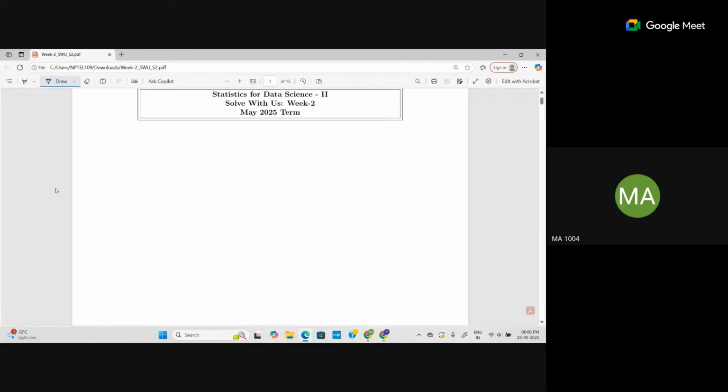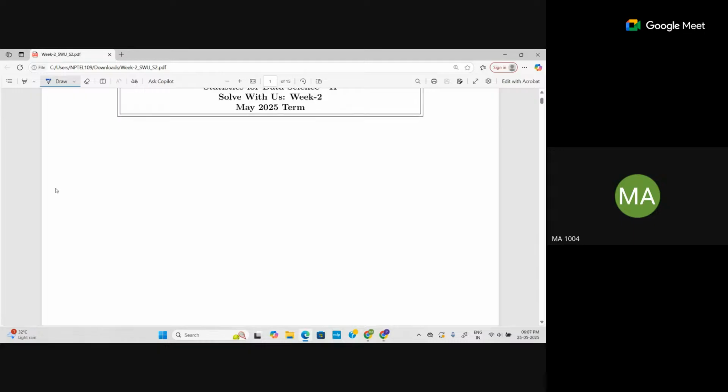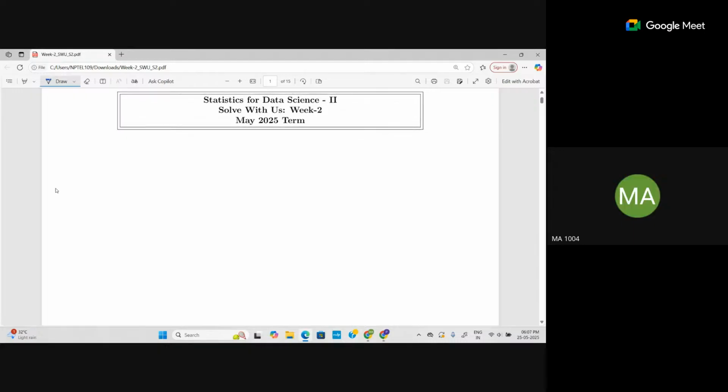Maximum and minimum of a function. Okay, functions of random variables. Okay, so the first topic is independence. So majorly two topics are there: independence of random variables and functions of random variables.